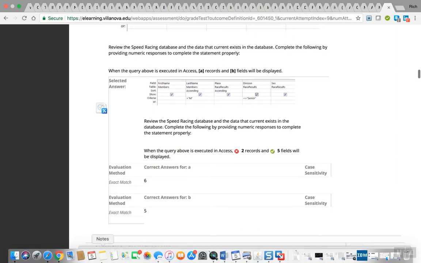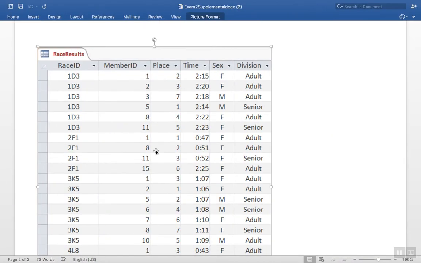So if we look at this, for member 2, here's one entry with adults, so that's good.